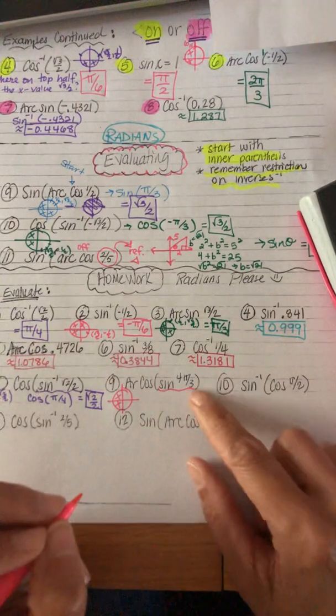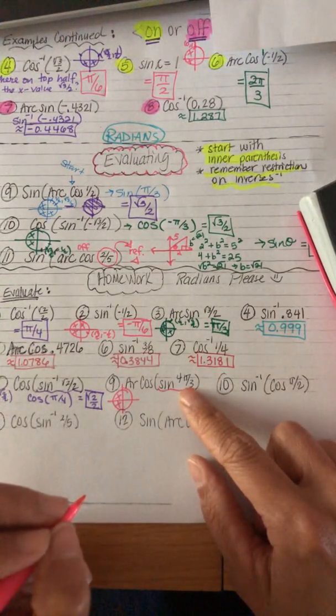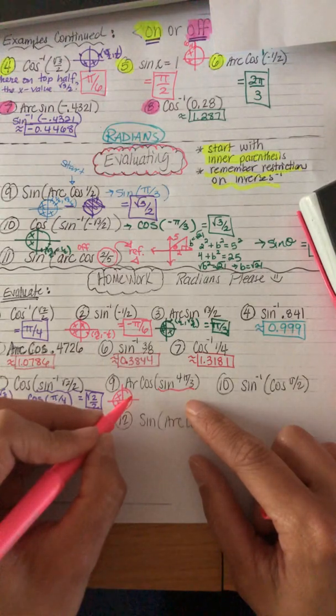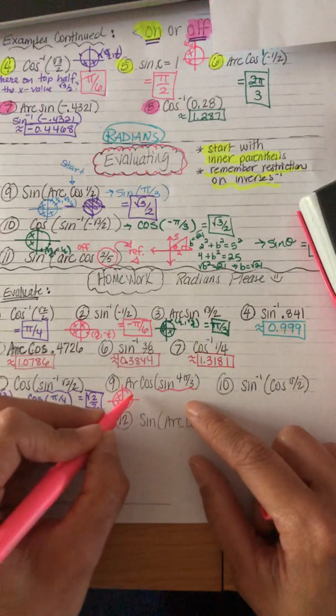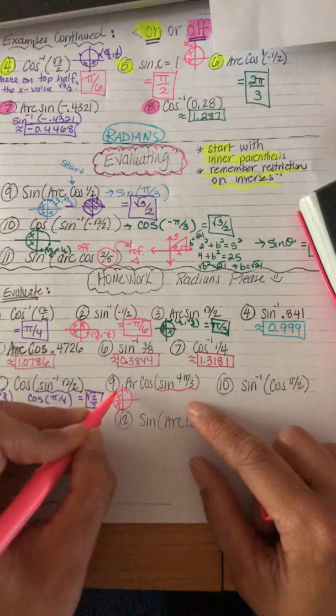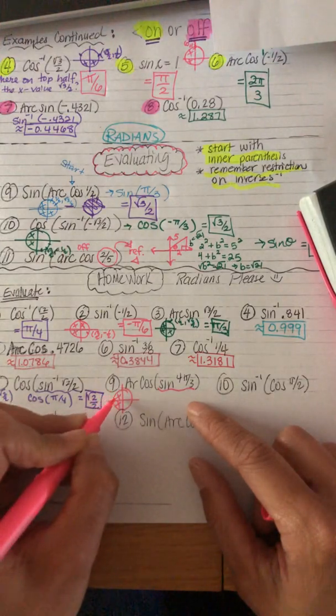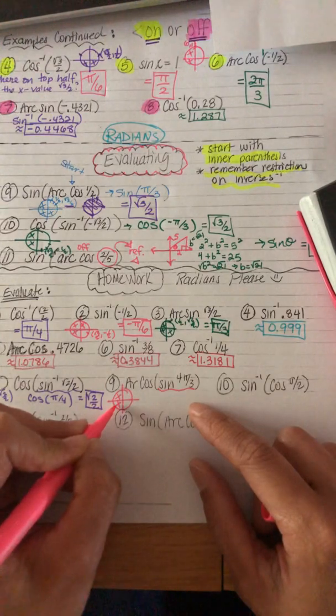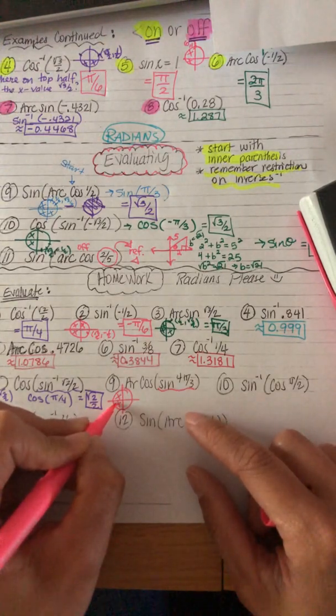It goes pi over 6, pi over 4, pi over 3, 2 pi over 3, 3 pi over 4, 5 pi over 6. 4 pi over 3 is in this quadrant, right?